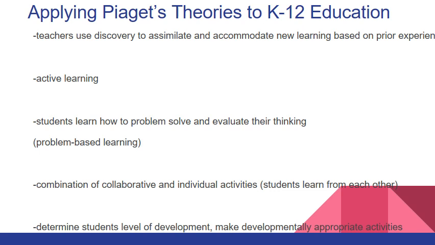Either way, the student is not just passively receiving the information through hearing the teacher say it, but the student is the one who's making their own understandings and their own conceptions by physically or verbally working with the content.